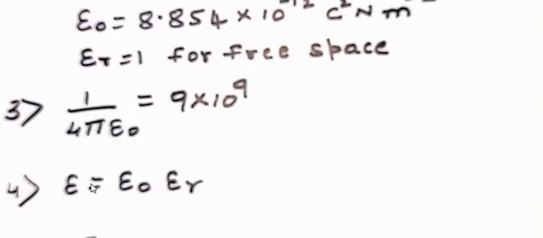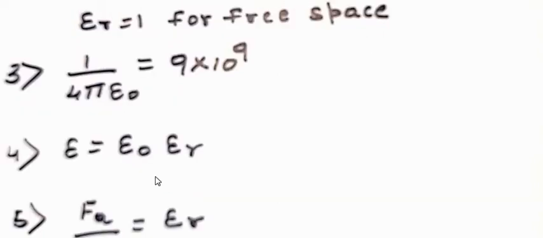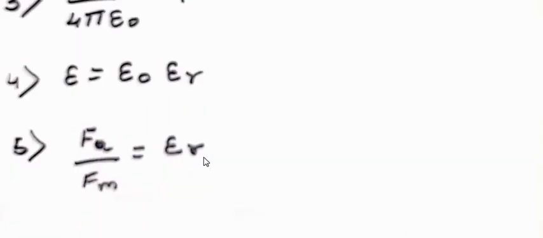Also, epsilon, the permittivity of a medium, is given by epsilon naught into epsilon r. So, epsilon naught is absolute permittivity of free space and epsilon r is the relative permittivity of the given medium.